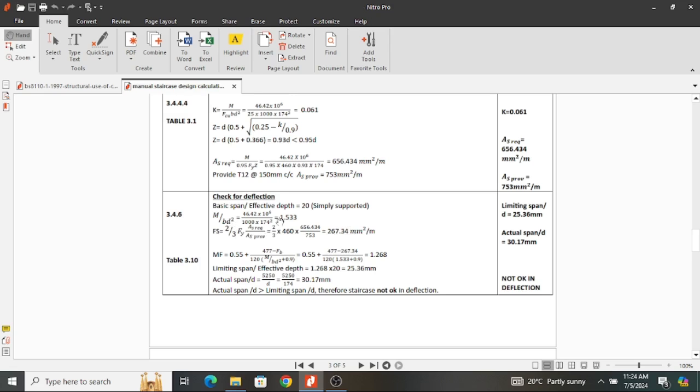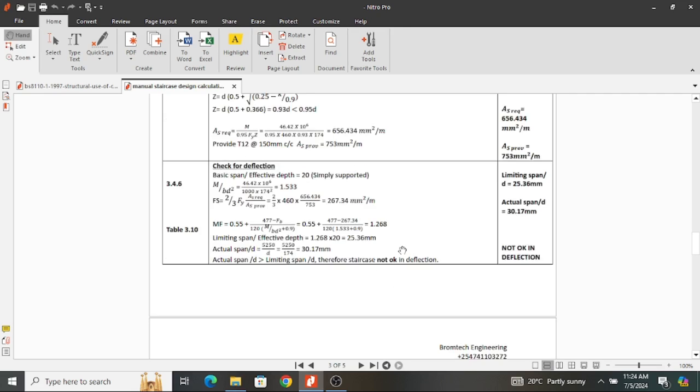So I take these values and feed them into my modification factor formula. They'll give me a modification factor of 1.268. This is what I multiply to the factor 20 for simply supported to get 25.36. Therefore, this is the limiting span over effective depth.